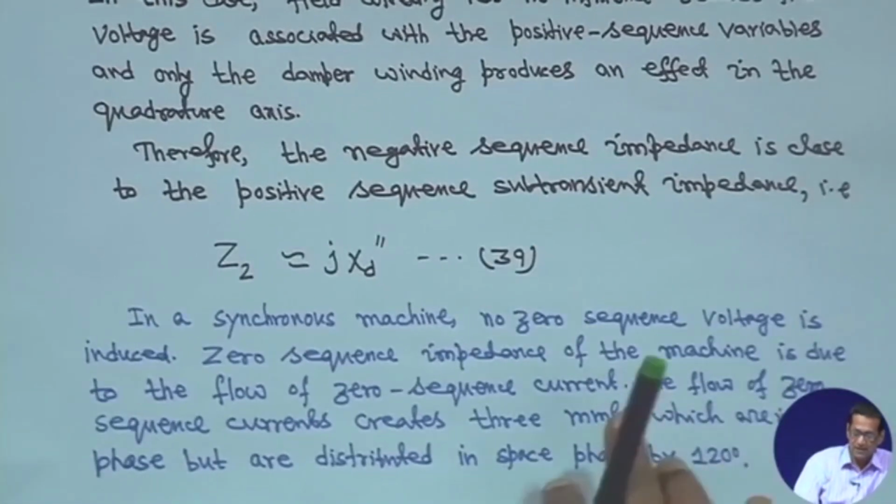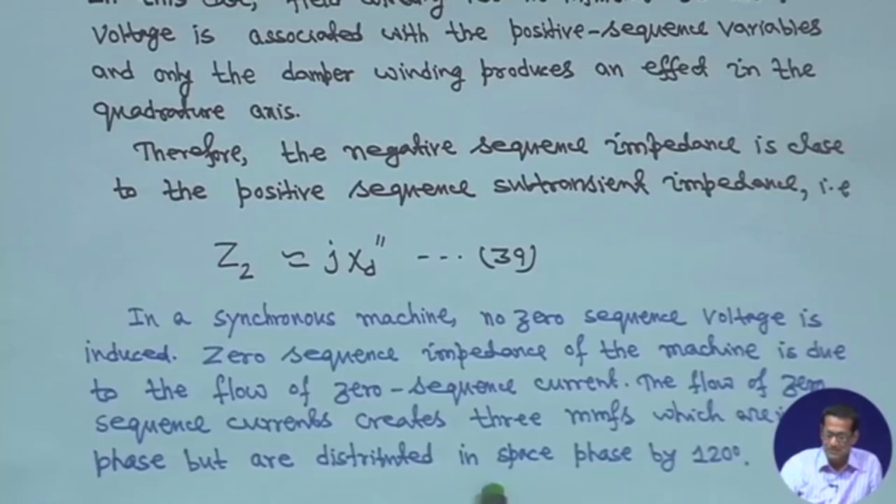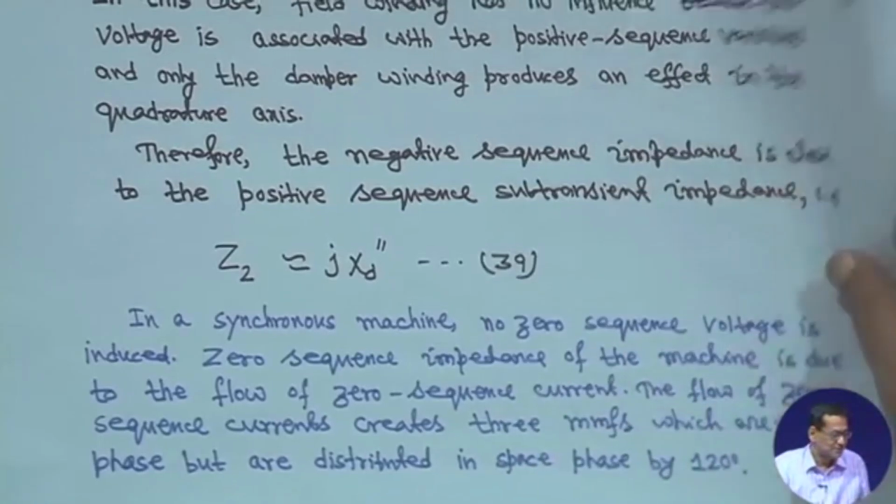I repeat this: in a synchronous machine no zero sequence voltage is induced, and the zero sequence impedance of the machine is due to the flow of zero sequence current. The flow of zero sequence current creates 3 MMFs which are in time phase, but are distributed in space phase by 120 degrees.